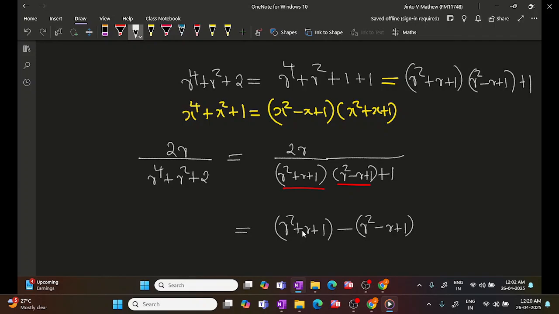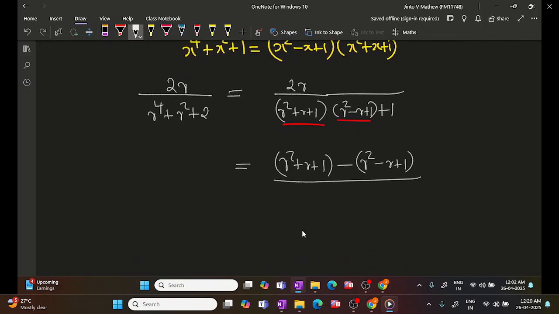If you subtract, you will get 2r. Divided by, so this 1 I will write first, is 1 plus r square plus r plus 1 into r square minus r plus 1.